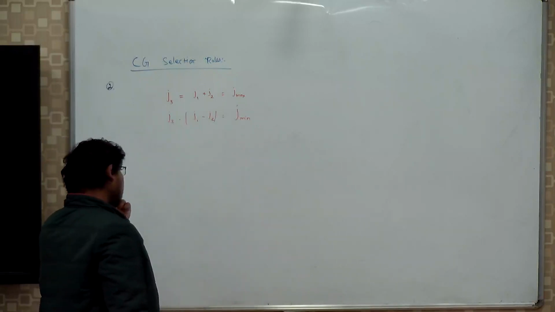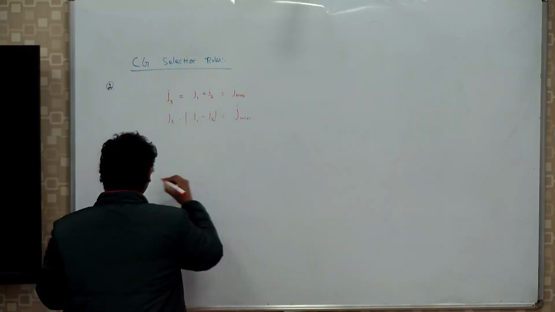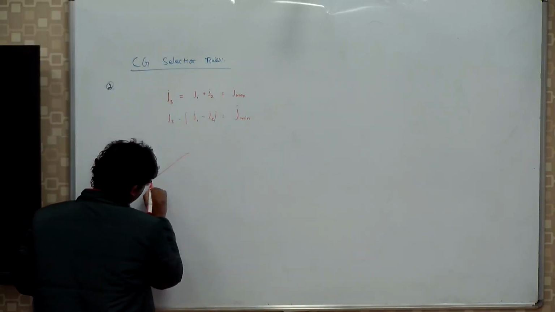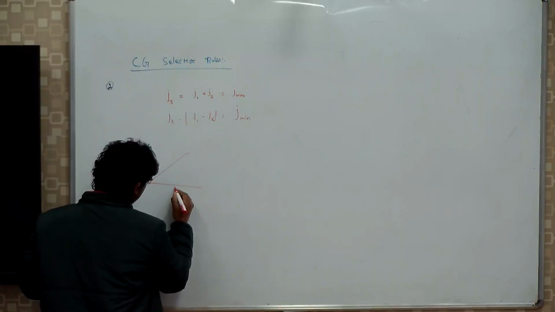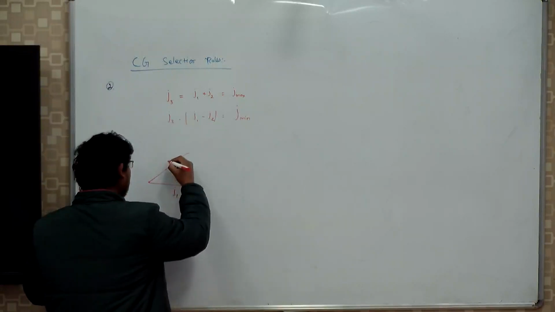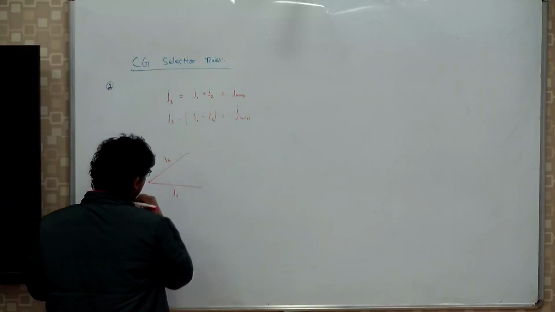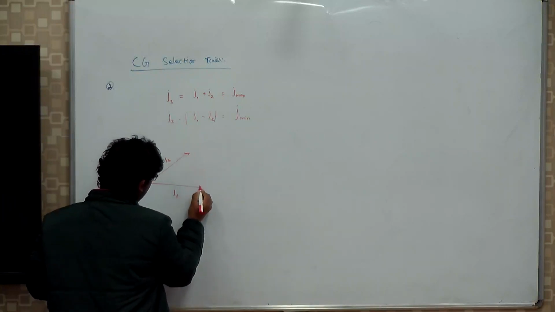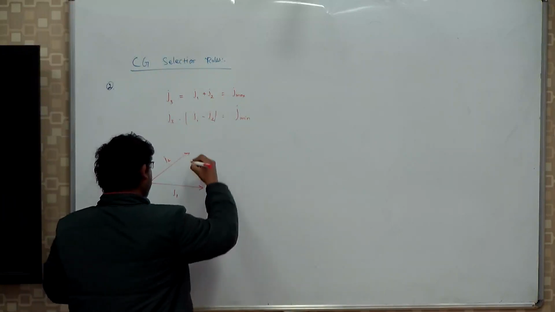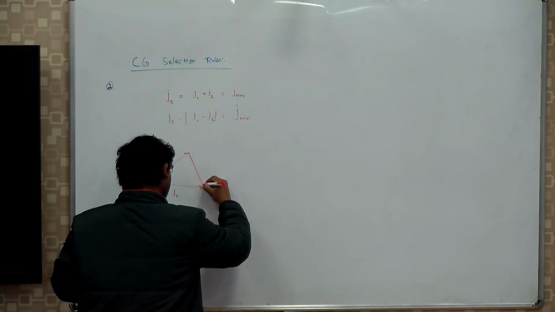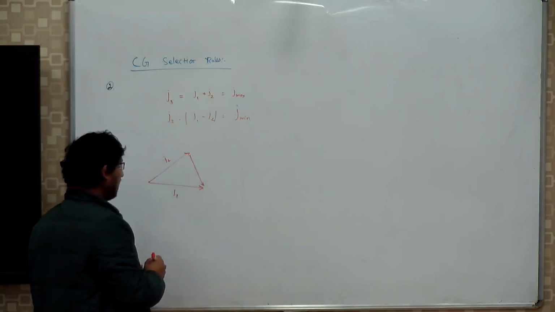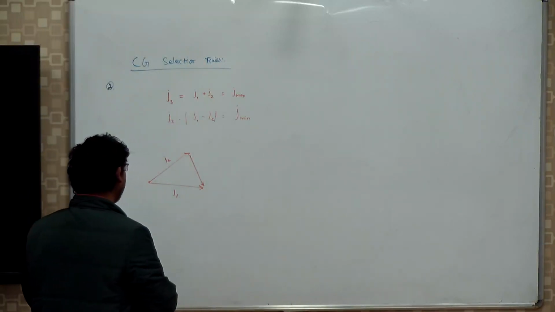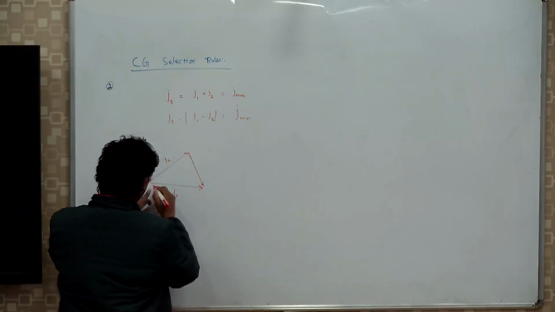So how to get this geometrically? Suppose this is nothing but the J1 quantum number and the J2 quantum number is in this direction. If you take it, then the J3 quantum number has two possible values.